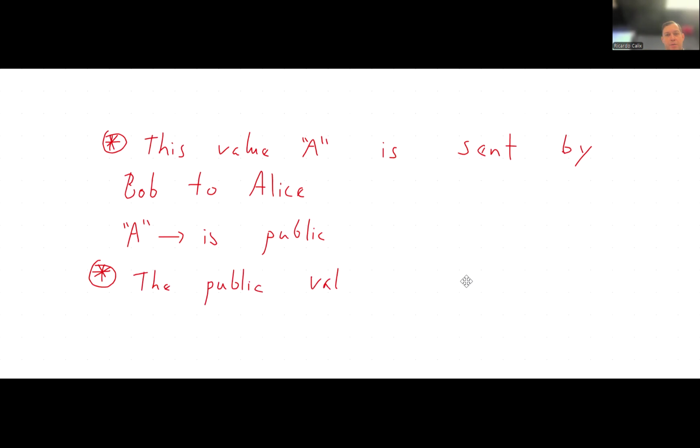Remember that each one, Bob and Alice, will have one of these a and b parameters. So the public value of B will be B equals g to the b mod p, the prime number. That's basically how that works.